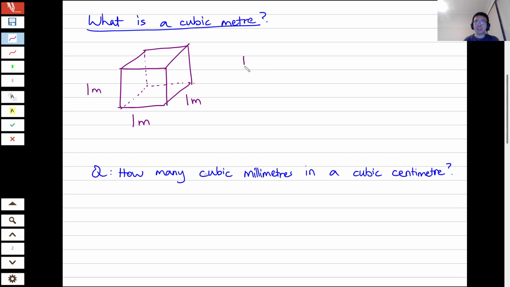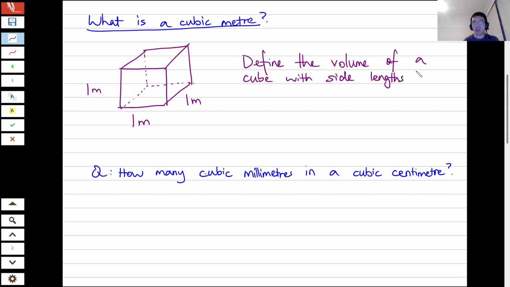And we define the volume of a cube with side lengths 1 meter to be 1 m to the power of 3, or 1 cubic meter. So these are the same. m³ and cubic meter, they mean the same thing.